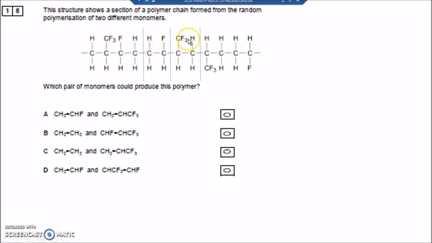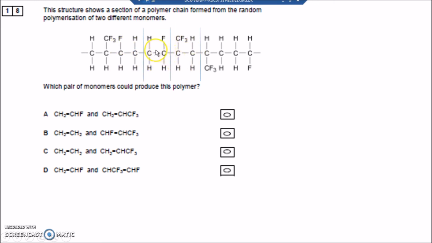I've got CH2CHF3, CH2CHF3. That seems to be a repeating unit, and the other one that seems to repeat is CH2CFH, CH2CFH. So I've found the two repeating units.